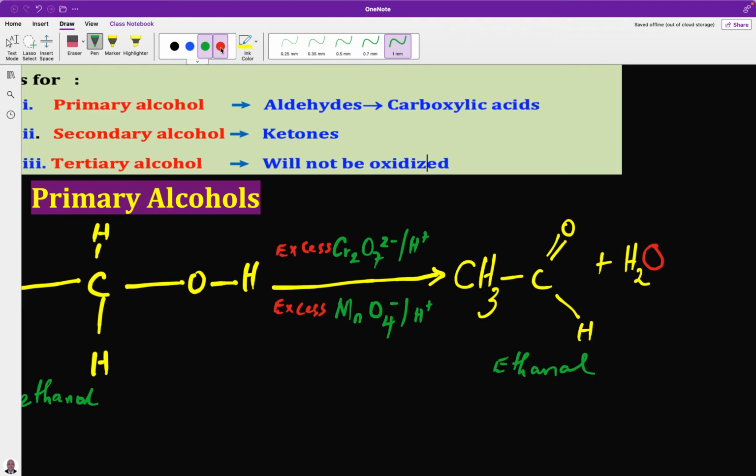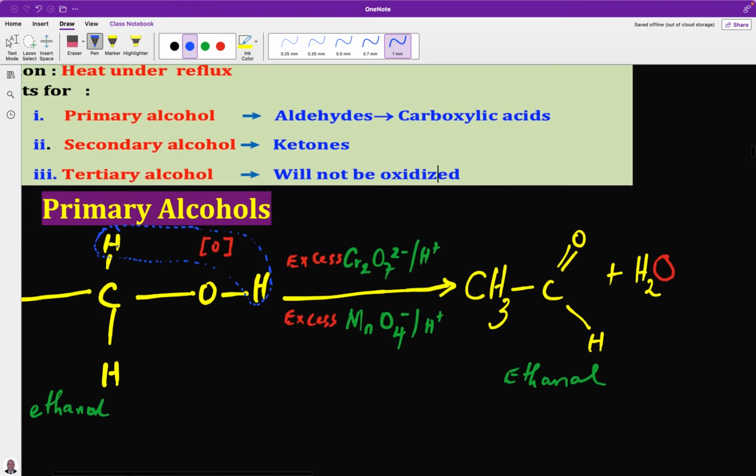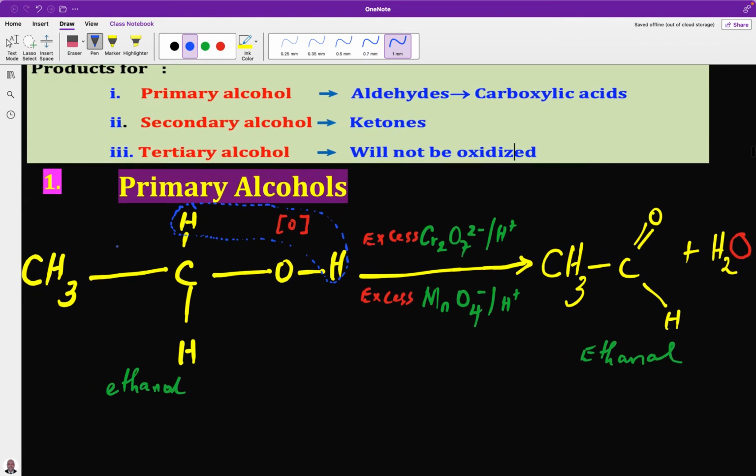Here, there is oxidation. As I've just illustrated, this is a molecule of ethanol in excess.